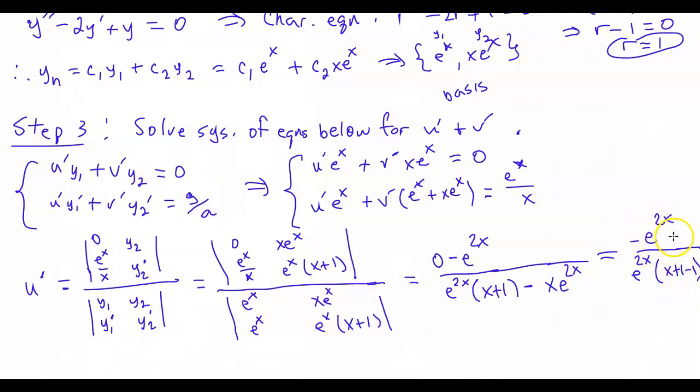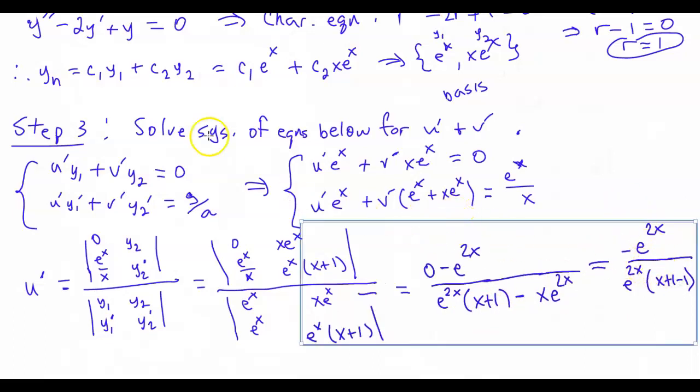The e raised to the 2x here, these two end up reducing to 1. So what I end up with here, oh, sorry, that's not right. So yeah, I skipped the term. So this should be x plus 1 minus x. So yeah, that's what that should be.